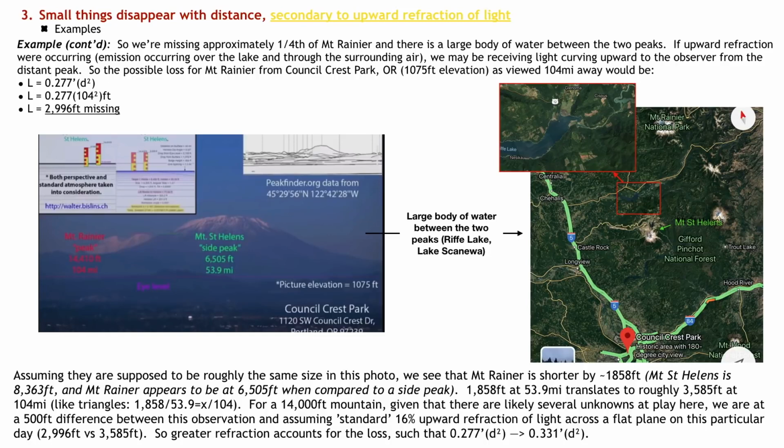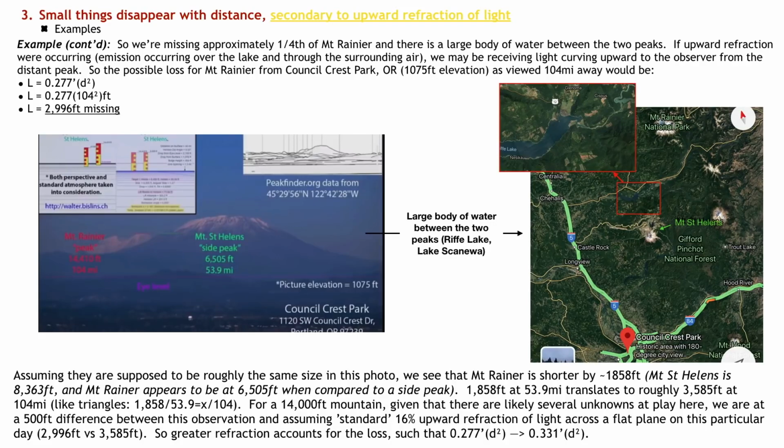So the possible loss for Mount Rainier from Council Crest Park, Oregon, which is at 1,000-foot elevation, as viewed 104 miles away, would be 0.277 feet times the distance in miles squared, or 2,996 feet missing, assuming upward refraction. And we can see the lake.